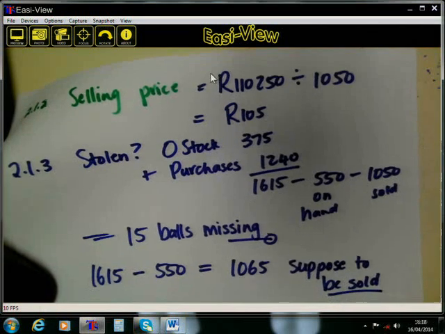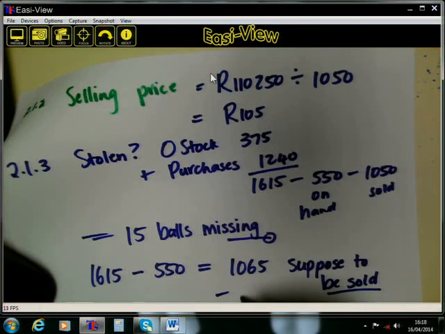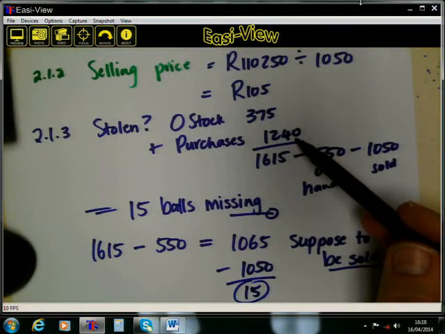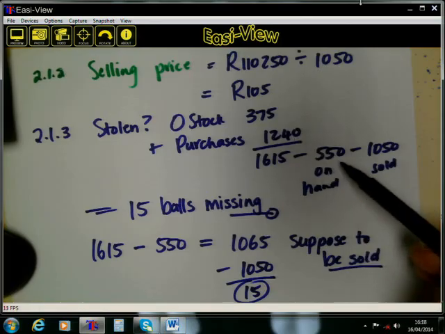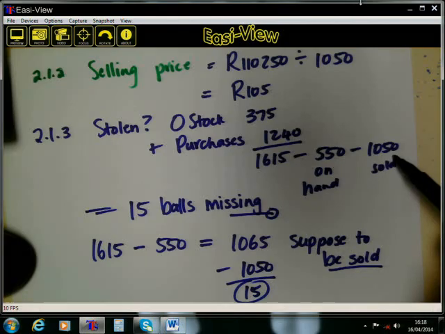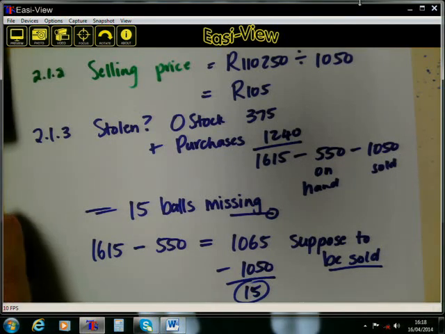But only 1050 were sold, and that gives you the 15 again. There are your missing balls. Opening stock plus whatever you purchase, then minus the stock you've got on hand, and minus the balls that you sold, and your answer is 15 balls missing.